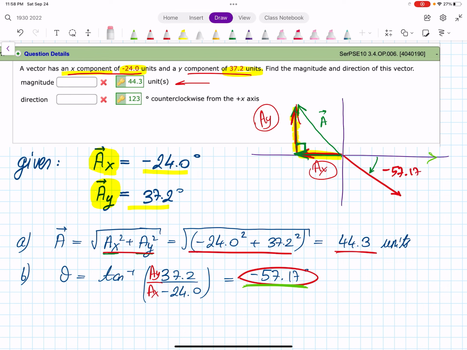But your vector is not in the fourth quadrant. Your vector is in the second quadrant. How do you go from the fourth quadrant to the second quadrant? You must rotate the vector by 180 degrees. So what do you do? Negative 57.17 plus 180, that's going to give you 123 point whatever degrees.